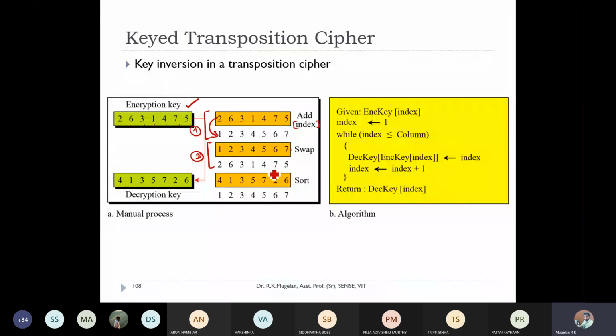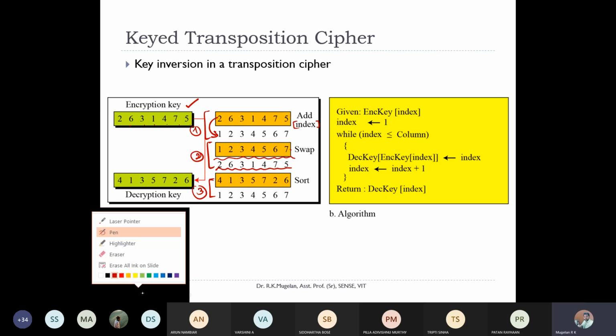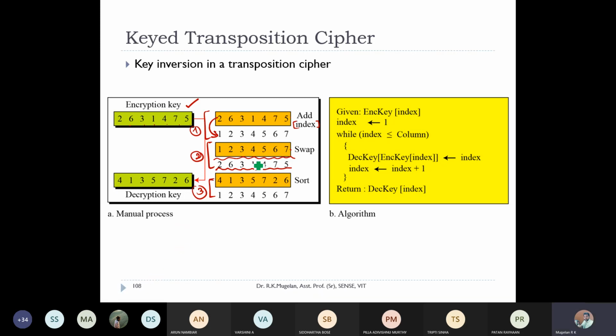Next, I went for sorting, which is the third step. Sorting means I'll be sorting these values, 2631475. If I sort accordingly, I'll be moving the values inside the yellow box also. You can see here, I have this value of 1. I push this value of 1 here. Automatically this 4 also came here.